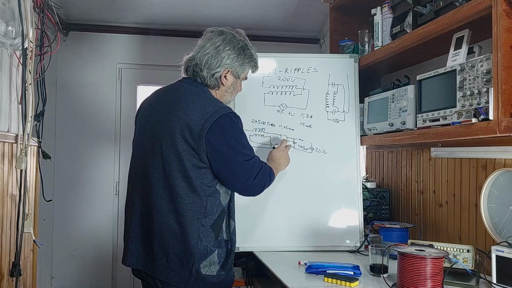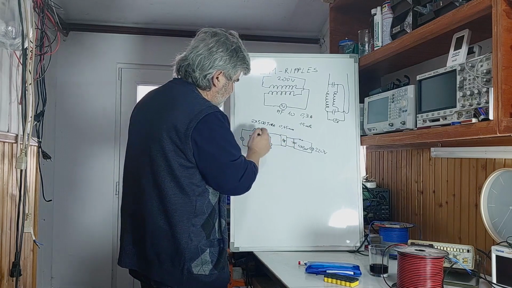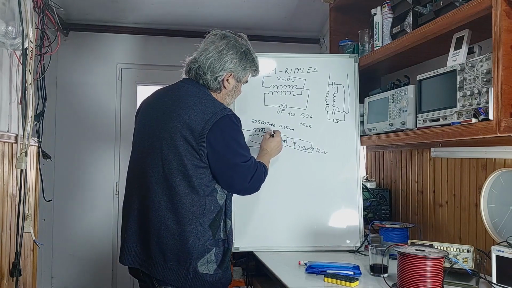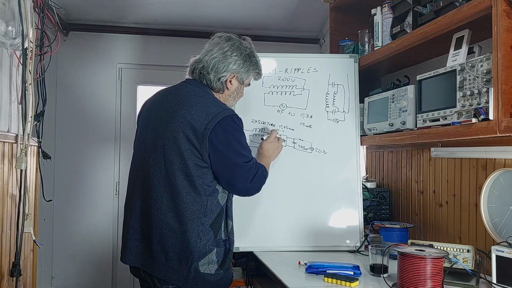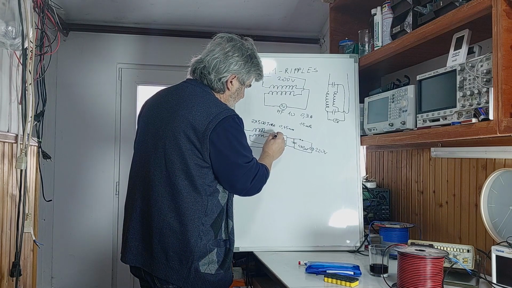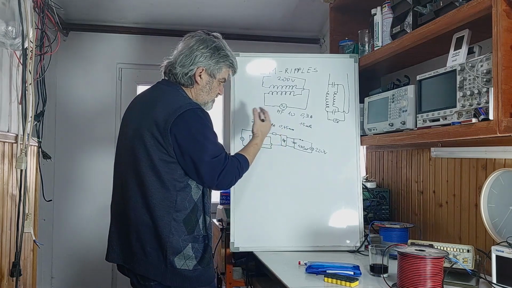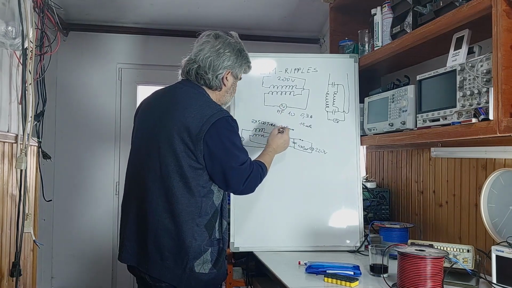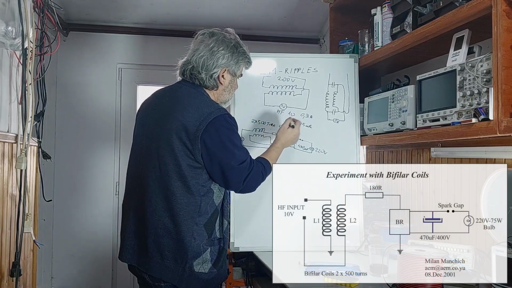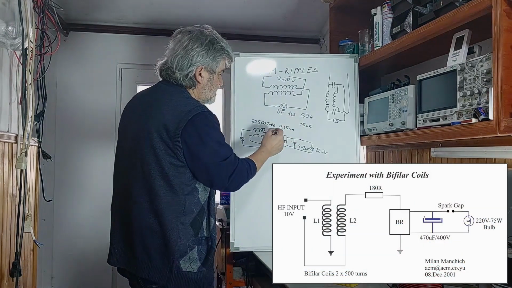Charging a capacitor like this will be faster if I put a resistor here or here, no matter, of about 100 ohms, let's say 150 or 220 ohms.